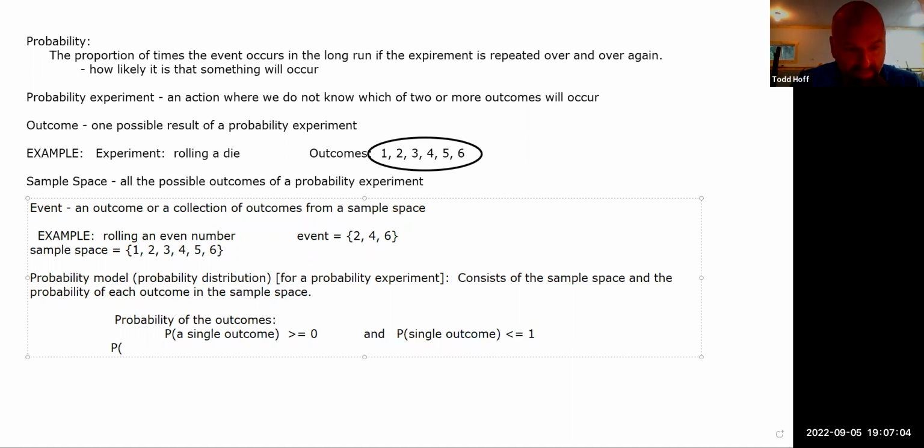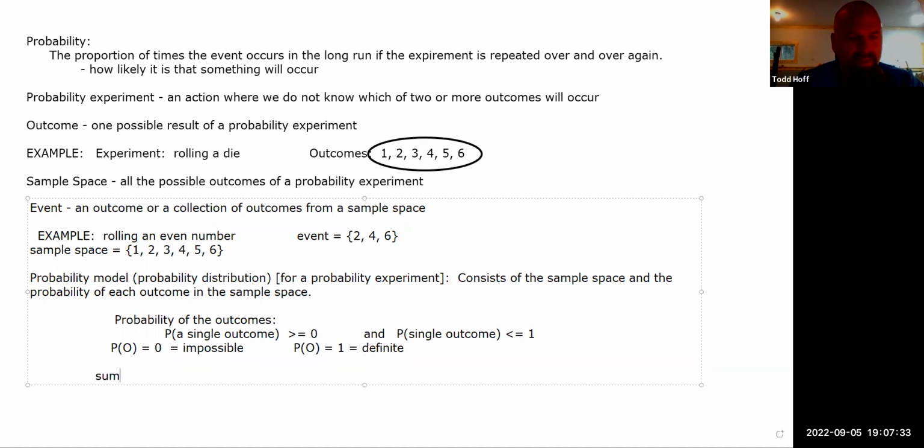I'm just going to put P of O for outcome. If P of O equals 0, that means it's impossible. It cannot happen. If P of O equals 1, that means it's definite. It's guaranteed. Either it's already happened or it's the only possible result of that action.